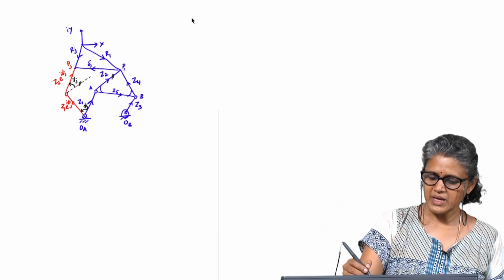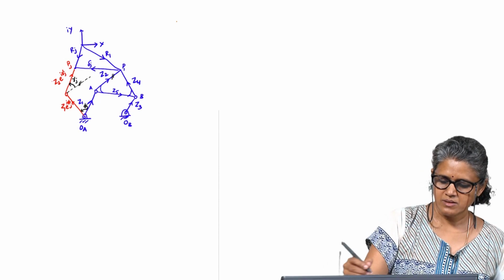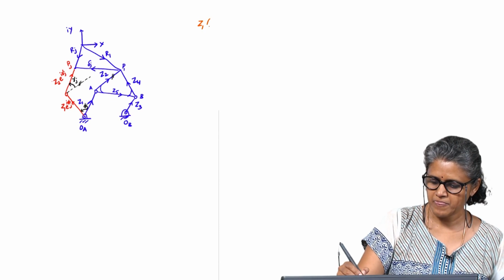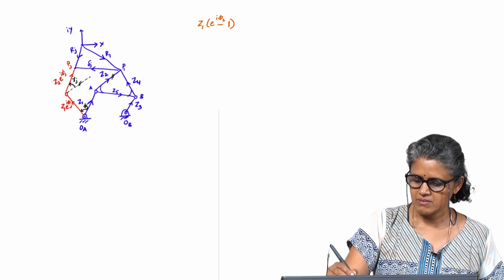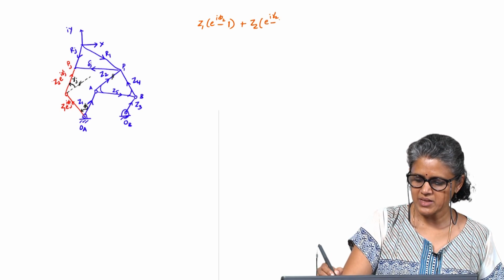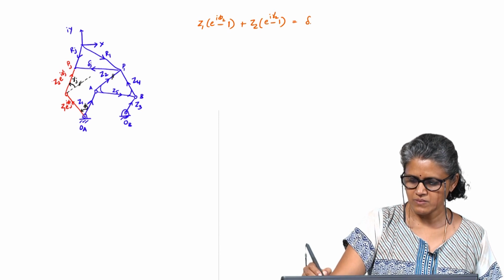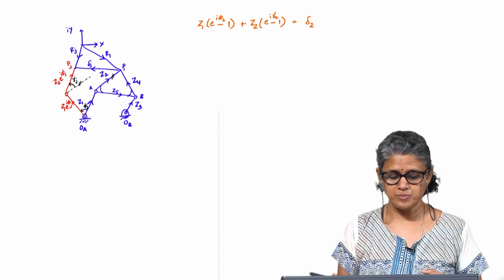So, we have Z1 (e^{i phi 2} minus 1) plus Z2 (e^{i gamma 2} minus 1) equal to delta 2, the dyad form, the standard form.